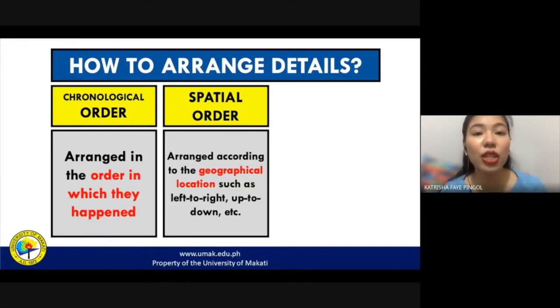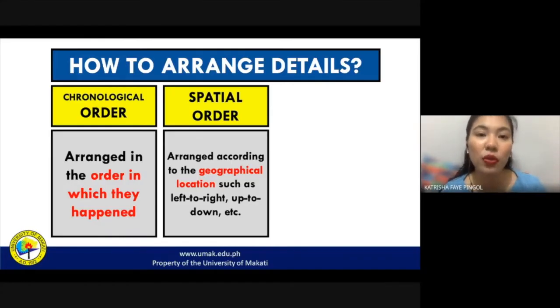When we say spatial order, if chronological order refers to time, spatial order refers to geographical location, or the geography of the details. Take, for example, is it on the left? Is it on the right? Is it up or down? Okay.